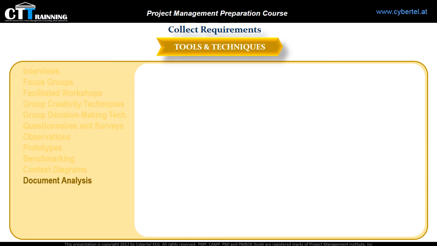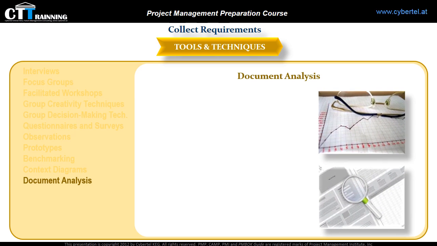The last technique to conduct the collect requirements process is document analysis. Document analysis is a type of collecting requirements. It's done by analyzing existing documents and identifying requirements relevant information. And which documents should be analyzed?